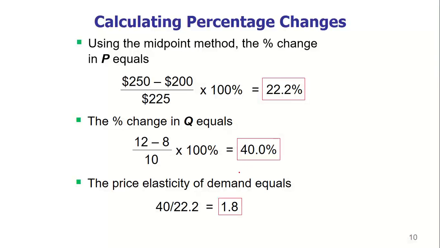The price elasticity of demand is equal to percentage change in quantity demanded over percentage change in price, that is 40 divided by 22.2, which is equal to 1.8. That is the price elasticity of demand.